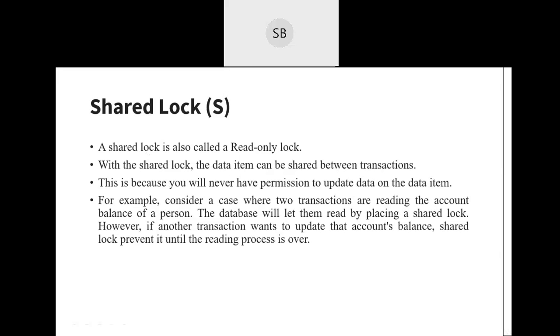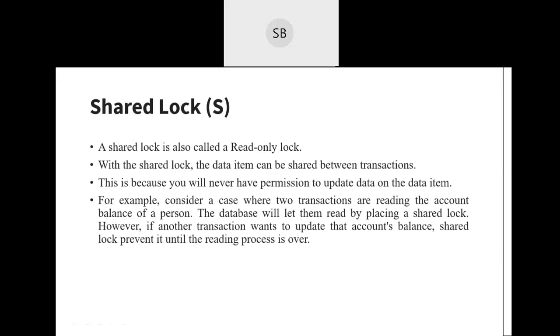We'll be discussing the protocols, like the two-phase protocol, and it will be more clear. We'll be solving problems on this, shared lock and exclusive lock, so I'll show you examples on that. We are only able to read the database since it is a read only lock.